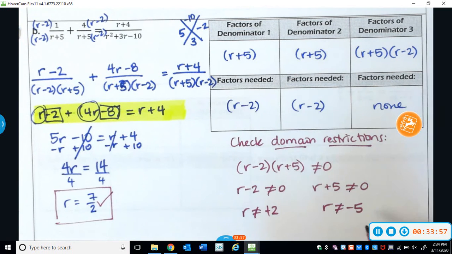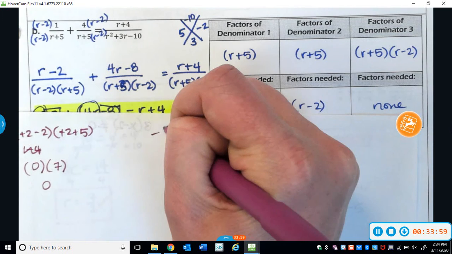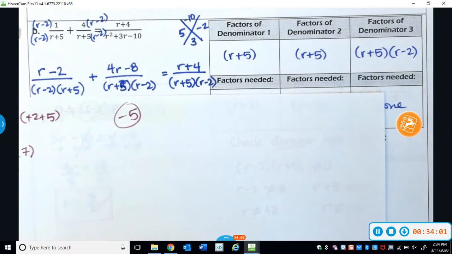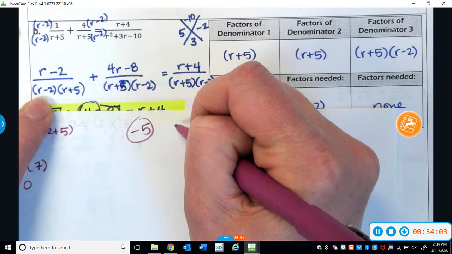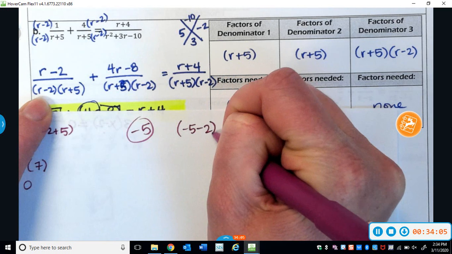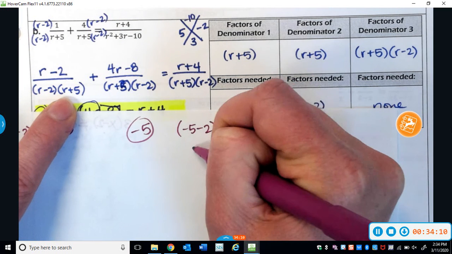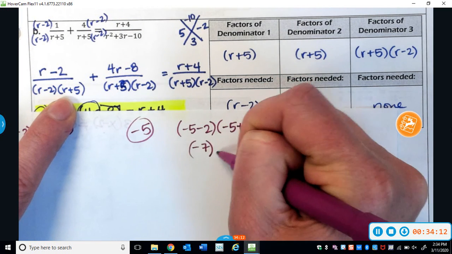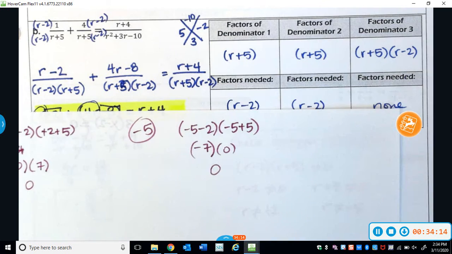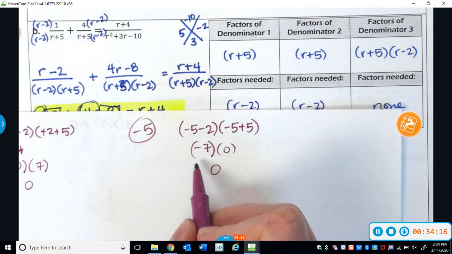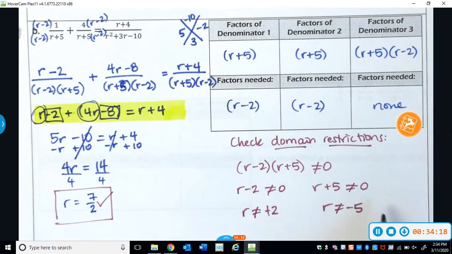And if I check the negative 5 now, by plugging it into the denominator, so replacing r with negative 5, and there's another r, which I'll replace with negative 5, that gives me negative 7, but this gives me 0, and when I multiply anything by 0, it gives me 0. So this one also makes the denominator 0. That's why these are not allowed. That's why they're restricted. They're domain x values that are not allowed. But mine is neither of those, so I know that it actually is a solution.